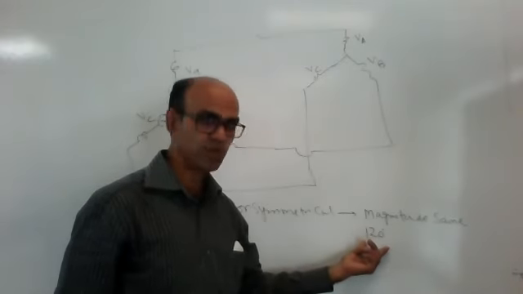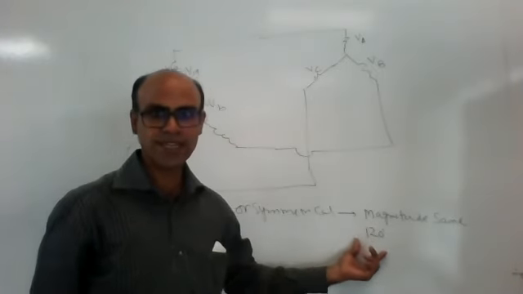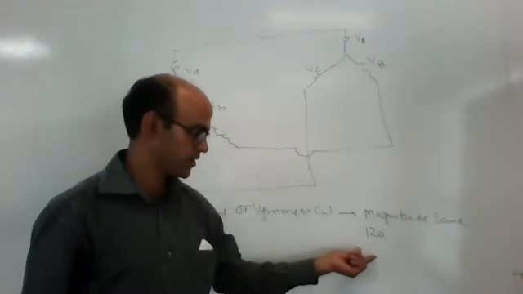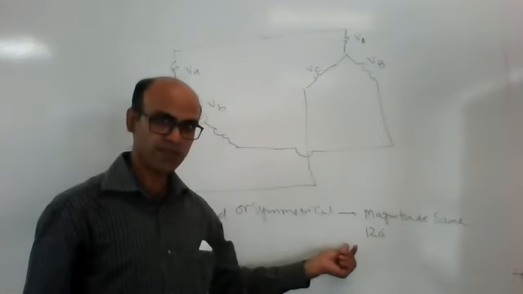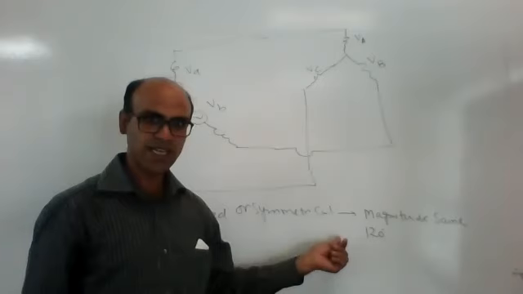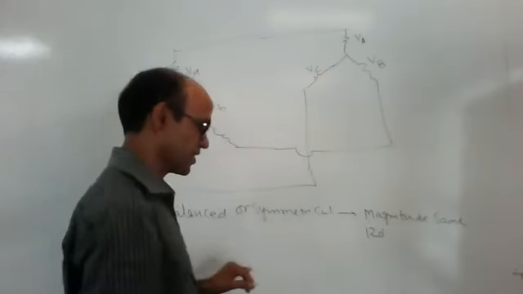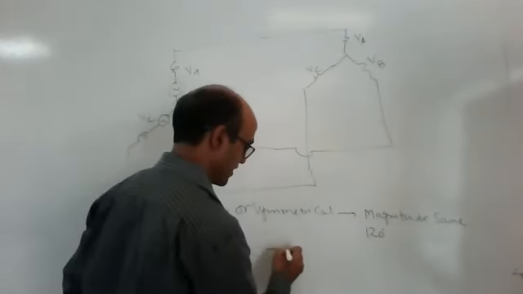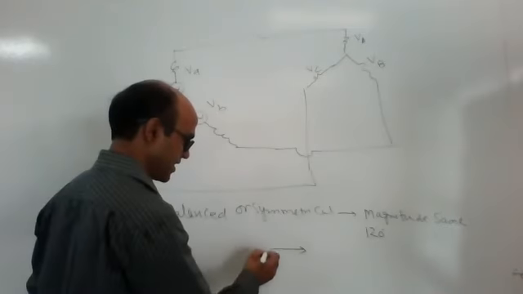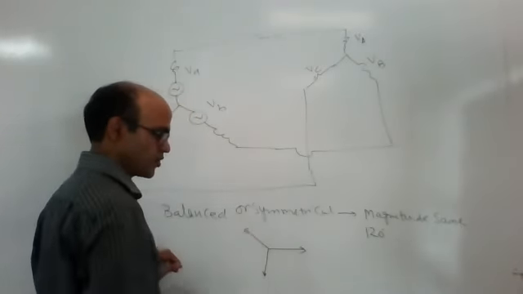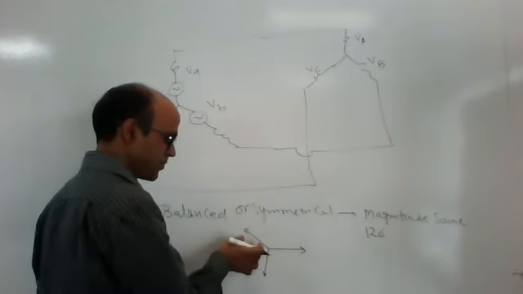Phase A is displaced from phase B by 120 degrees. Similarly, B from C by 120 degrees. So consecutive phases are displaced by 120 degrees. I can represent it this way: this is phase A, this is phase B, this is phase C. All these phases have the same magnitude.